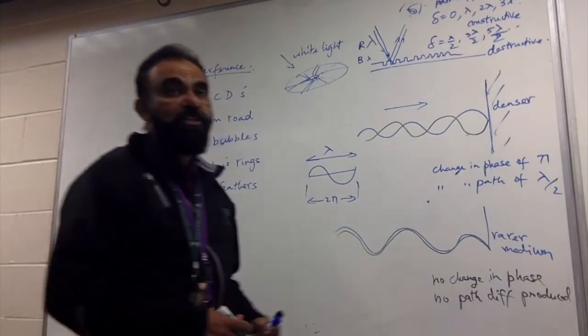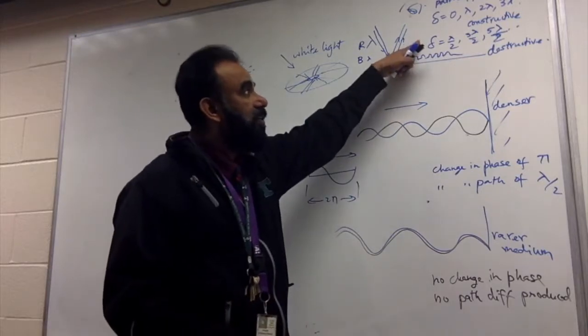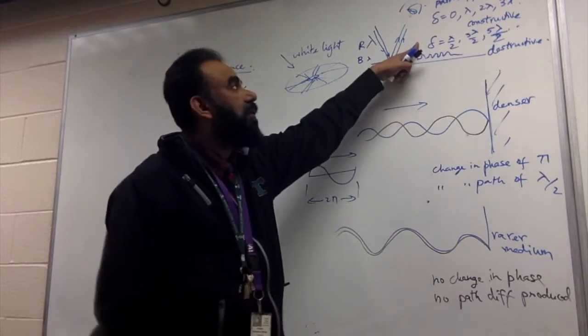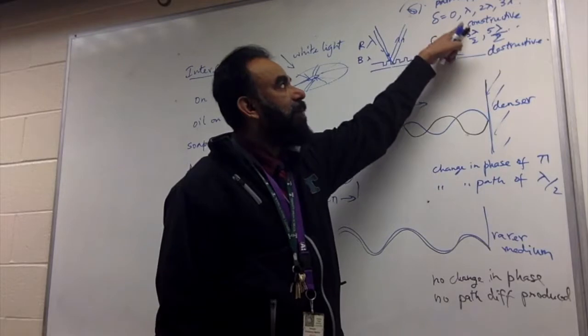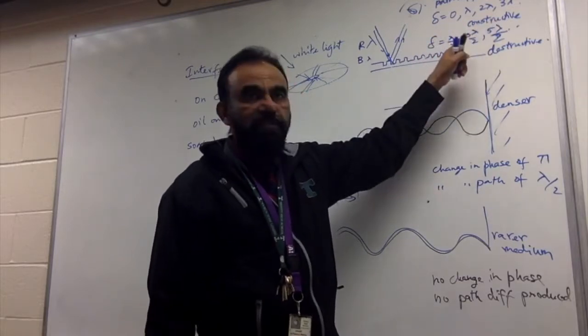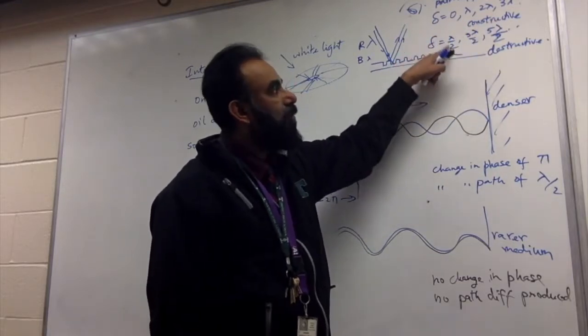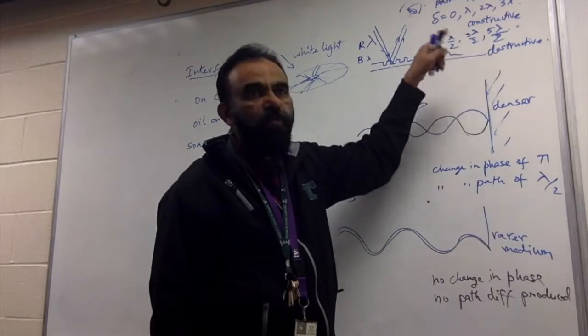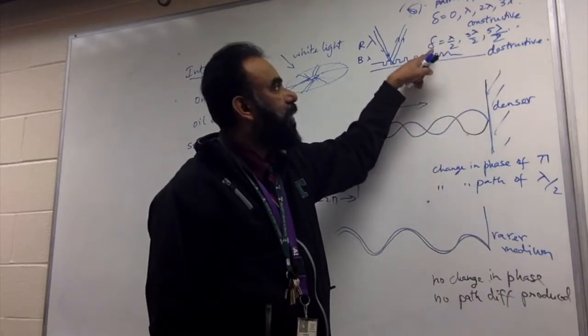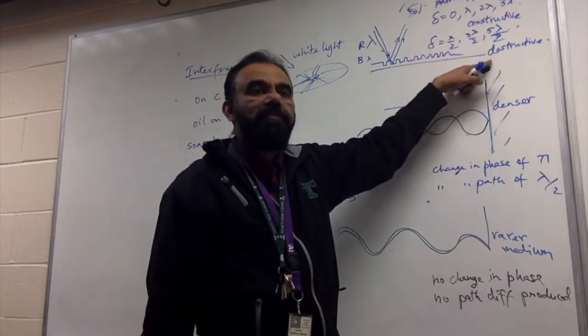So this is the condition for interference. If the path difference is 0, lambda, 2 lambda, 3 lambda, constructive. If the path difference is lambda over 2, 3 lambda over 2, and all the odd multiples of lambda over 2, then you get destructive interference.